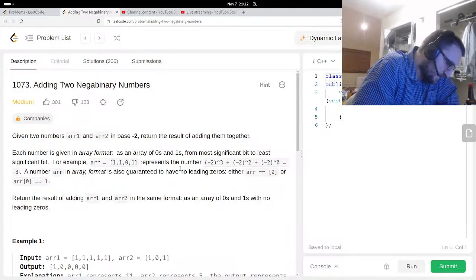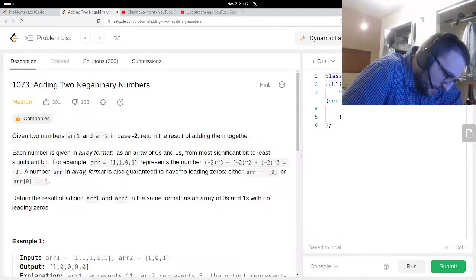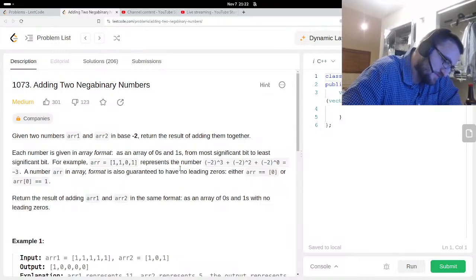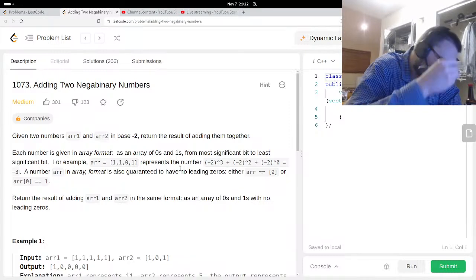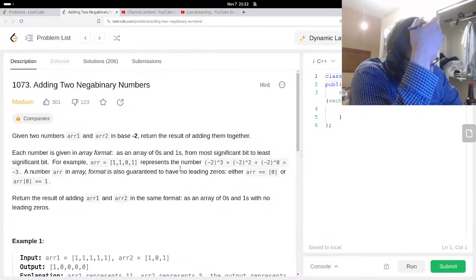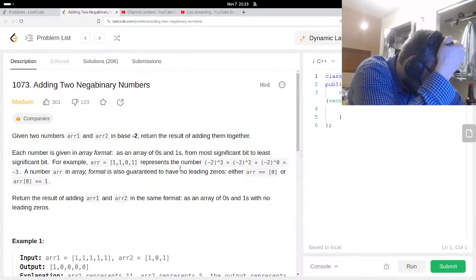Which now becomes -2 times, it becomes -2 raised to the I plus 1. Okay. So we got that -1, 1, 0, 1, and -1 times -2 raised to the I is... what is that?